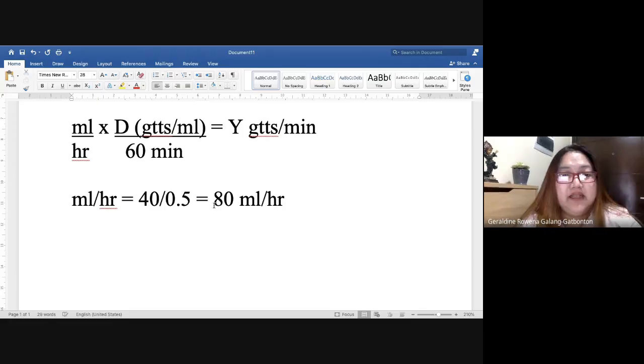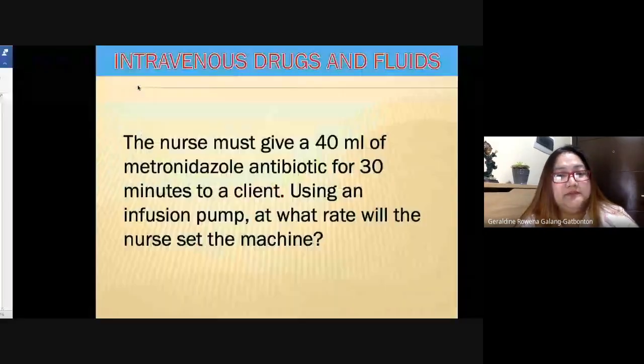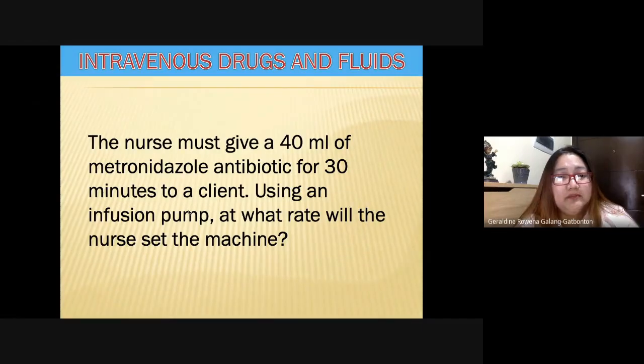Ibig sabihin ng 80 ml per hour, yan yung sagot, no? Yung infusion pump, pipindutin mo lang 80. Toot, toot, 80. So, automatic na siya na in 1 hour, 80 ml yung binibigay ng infusion pump dun sa patient. Okay?